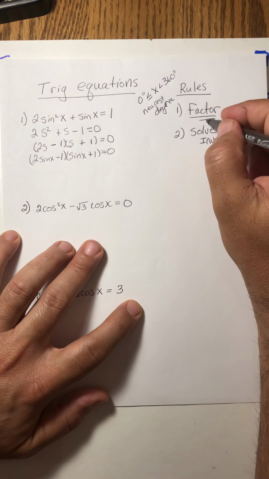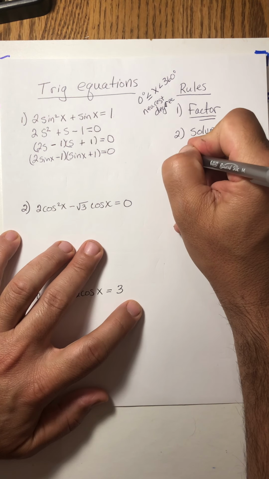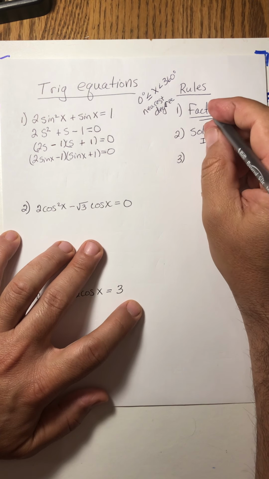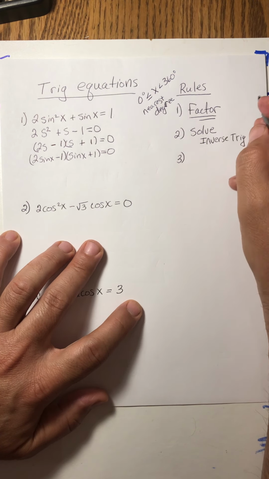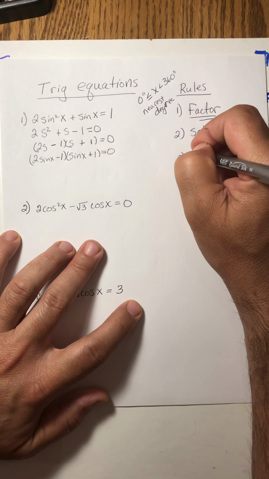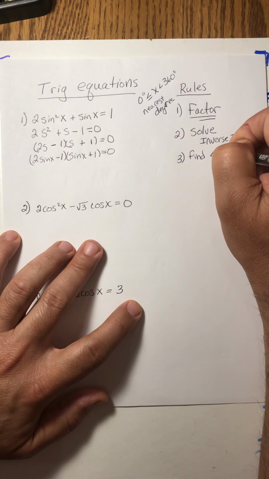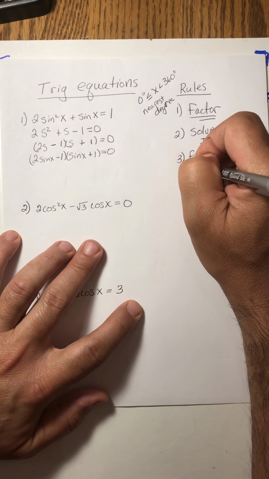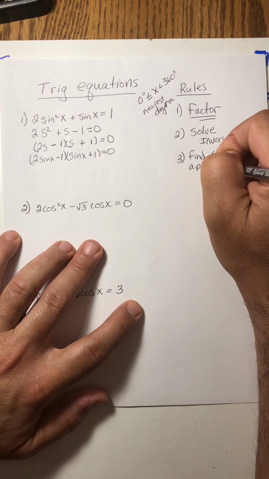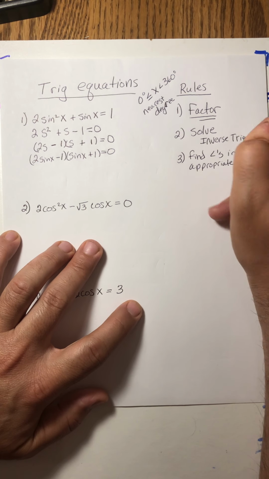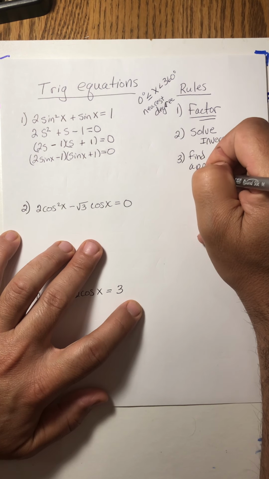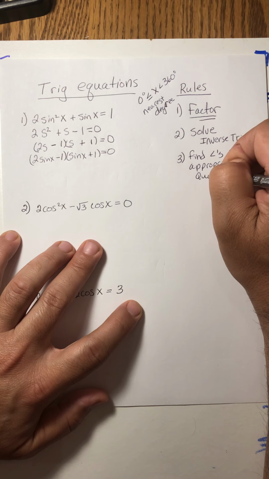So once we find the angles, then we need to find the angles in the appropriate quadrants. What do I mean by that?